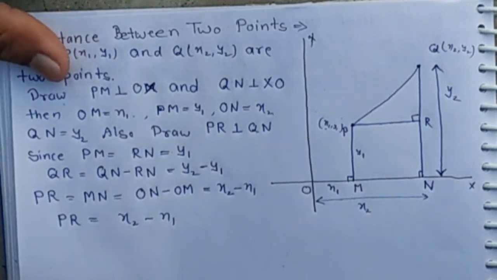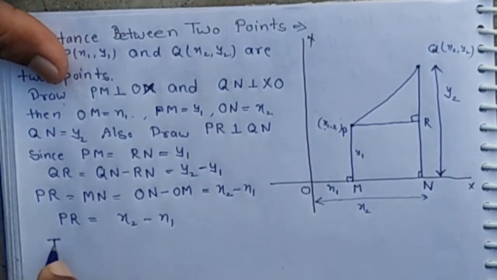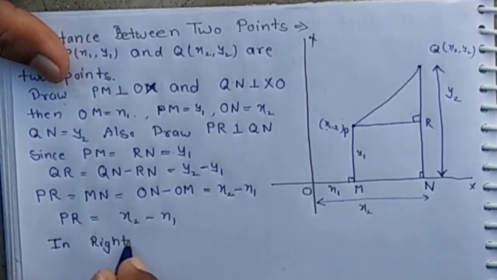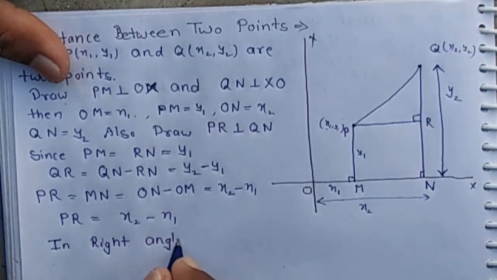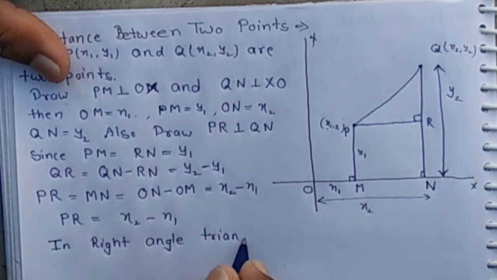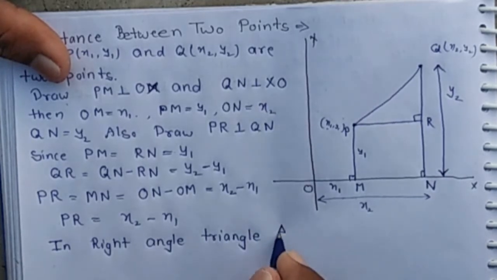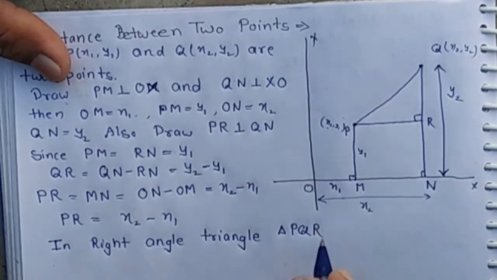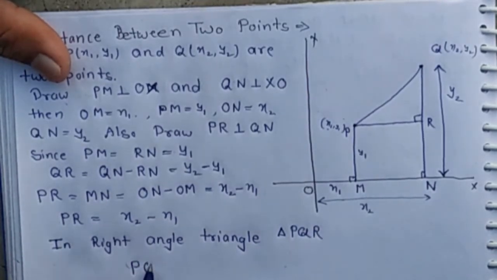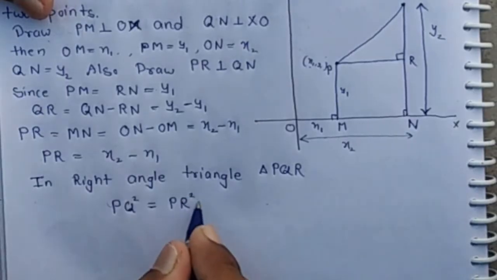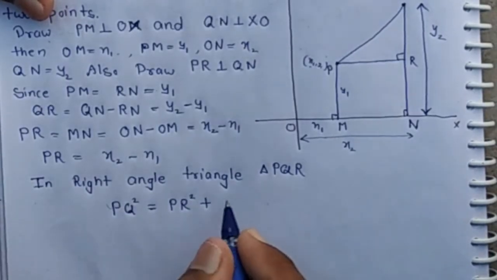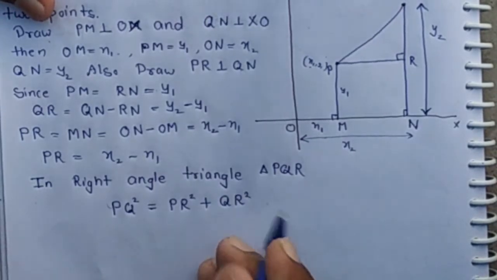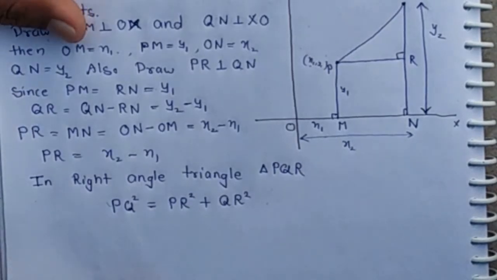Then in right angle triangle PQR, we have the square of the hypotenuse PQ square equal to PR square plus QR square, the sum of the squares of the other two sides.